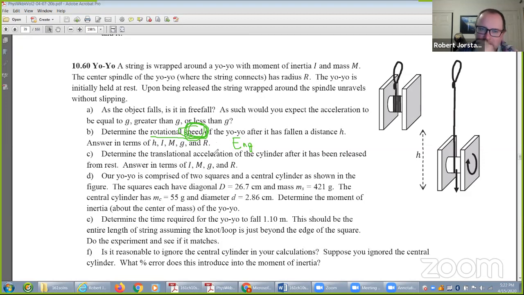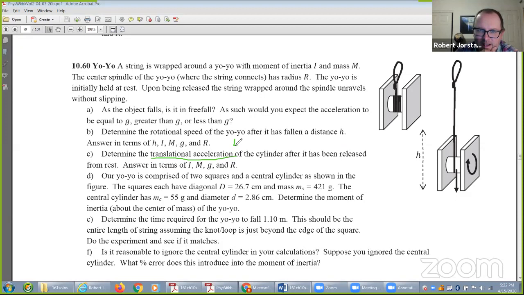Not always, but you might think kinematics. You could also use torque plus kinematics, and that would also solve it. But energy is usually the fastest. Before we do that problem, look at this one, translational acceleration.